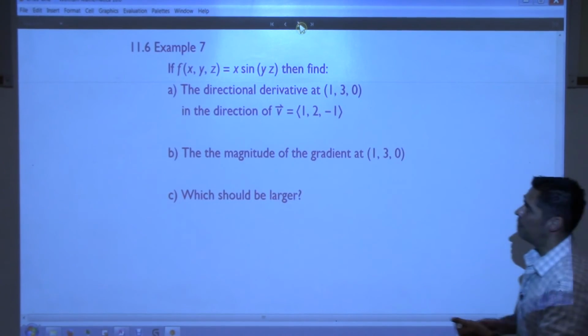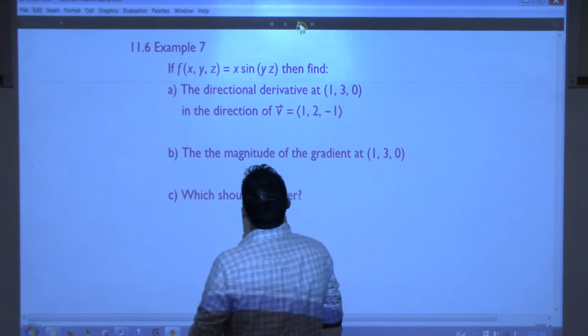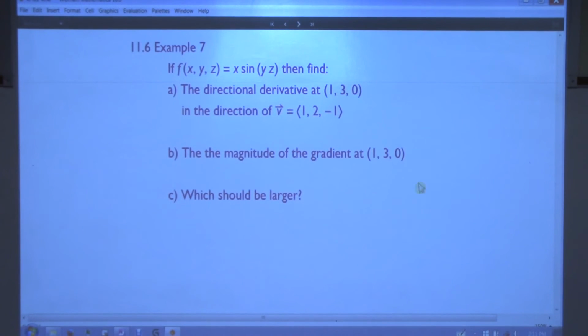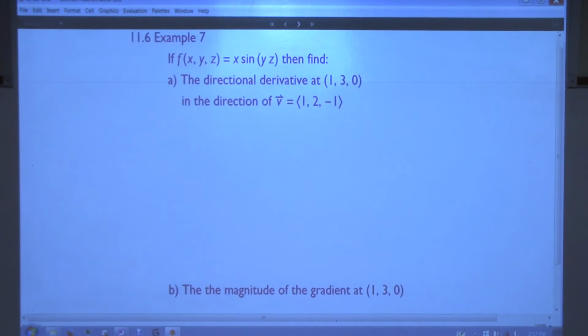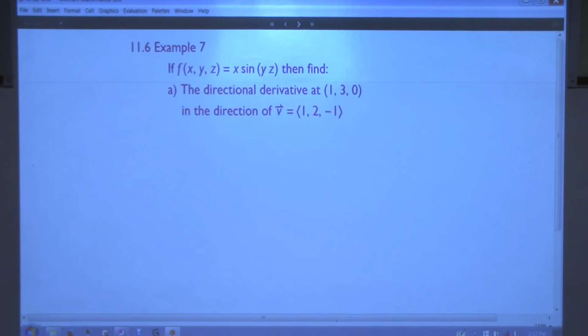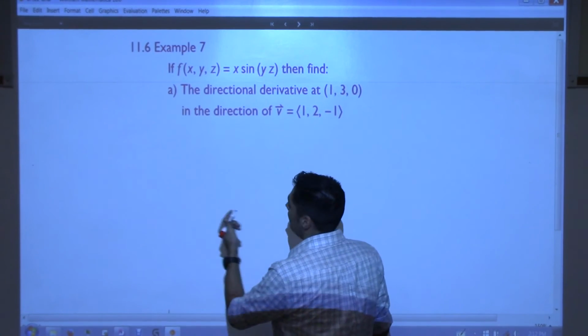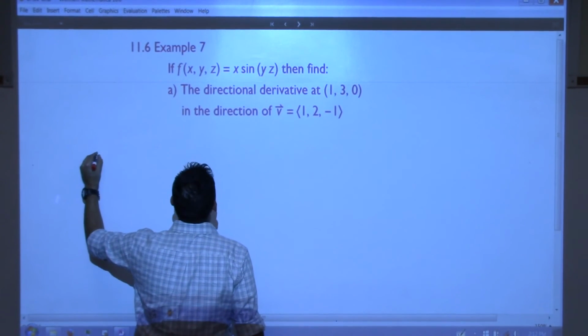Okay, so let's do part A. I'm going to make this a little smaller. For part A, I need the directional derivative, right?